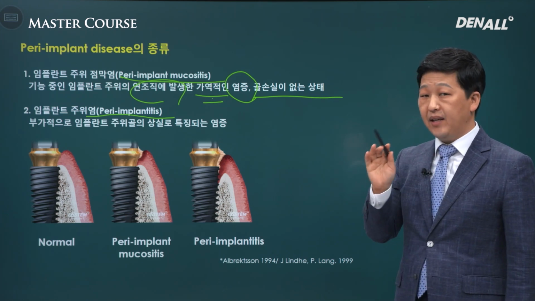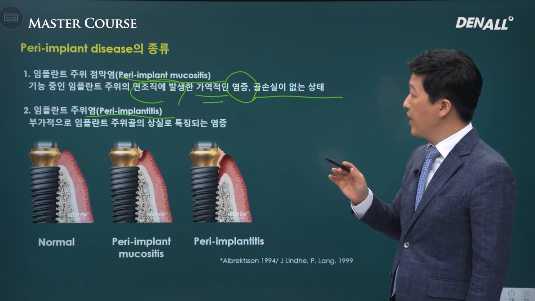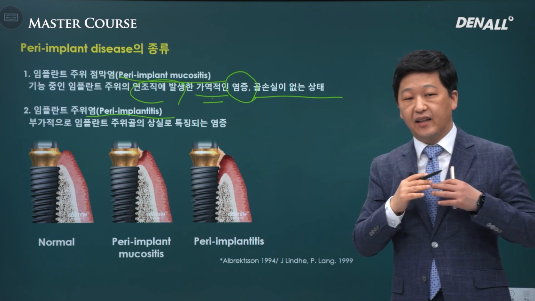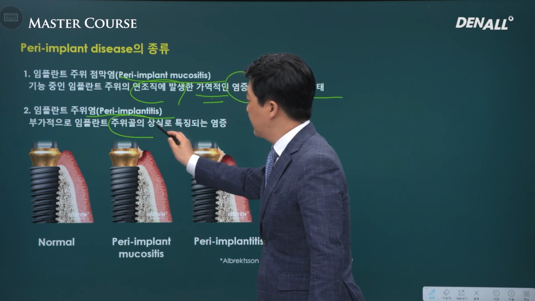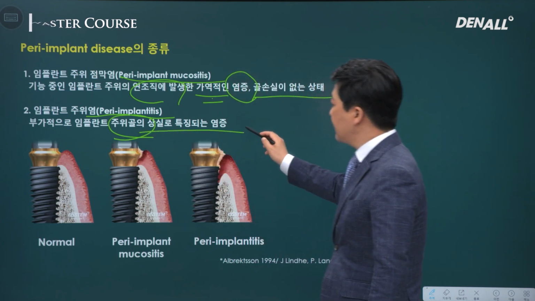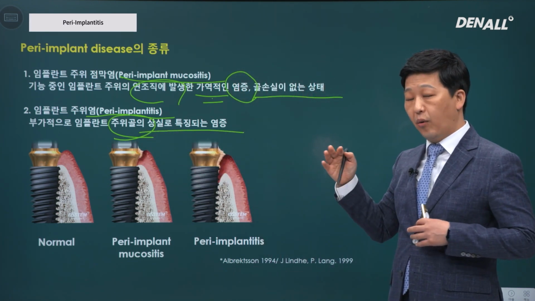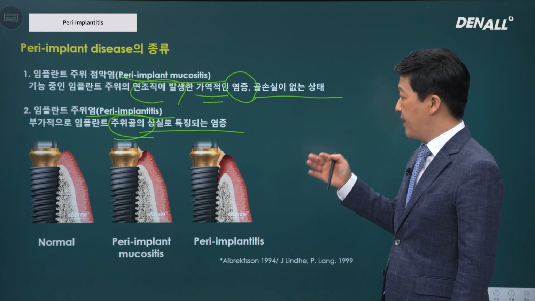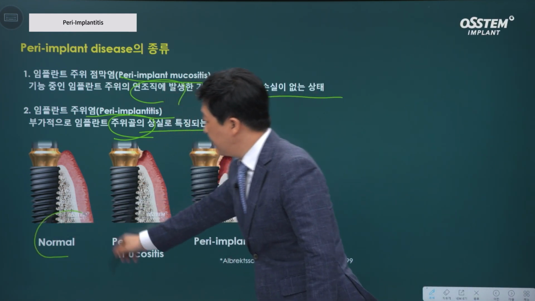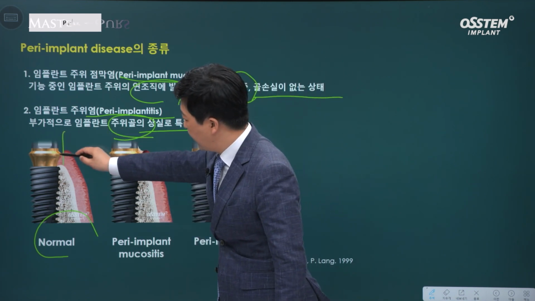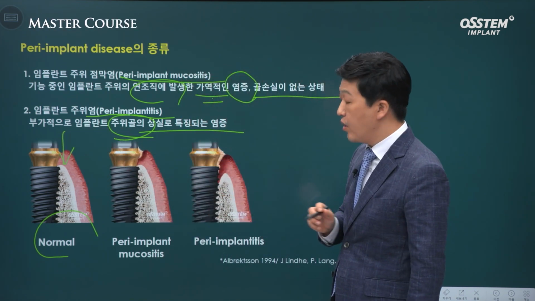Second, what is peri-implantitis? The disease has progressed beyond the peri-implant mucositis and now there is surrounding bone loss. This situation is referred to as peri-implantitis. Around a healthy implant, there are healthy attachments and there's no bleeding.